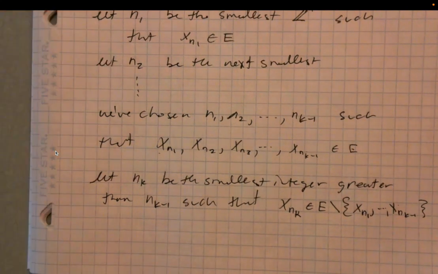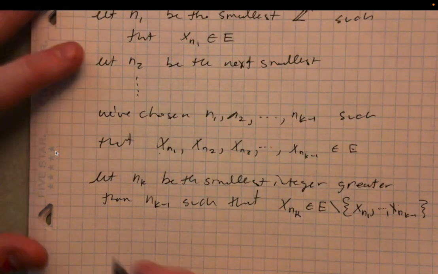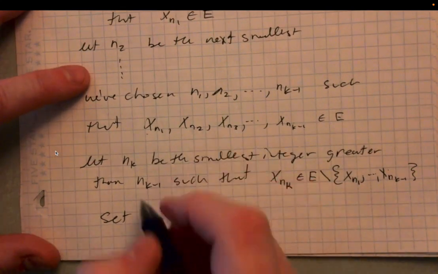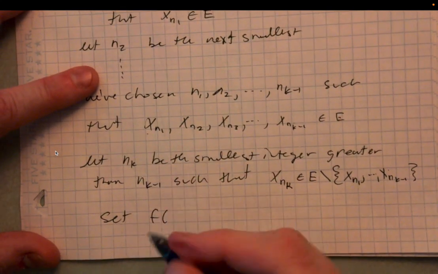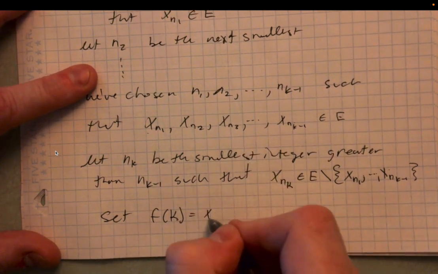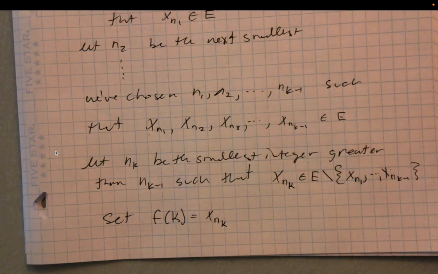Okay, so it's just moving forward in the enumeration, right? And so you can see that this naturally creates this function where basically we set f sub k equal to x of n sub k, right?